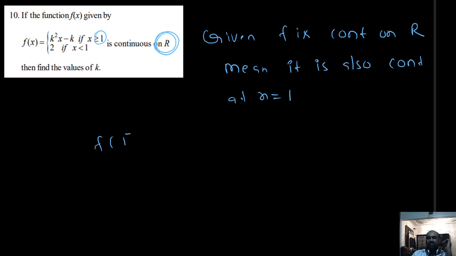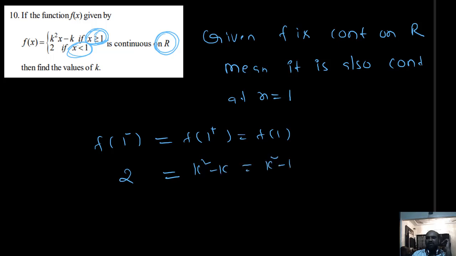F of 1 minus equal to f of 1 plus equal to f of 1. F of 1 minus, here this is the rule, 2x only. F of 1 plus and f of 1, given same rule, put x equal to 1 there. So what will we get? K square minus k equal to k square minus k.